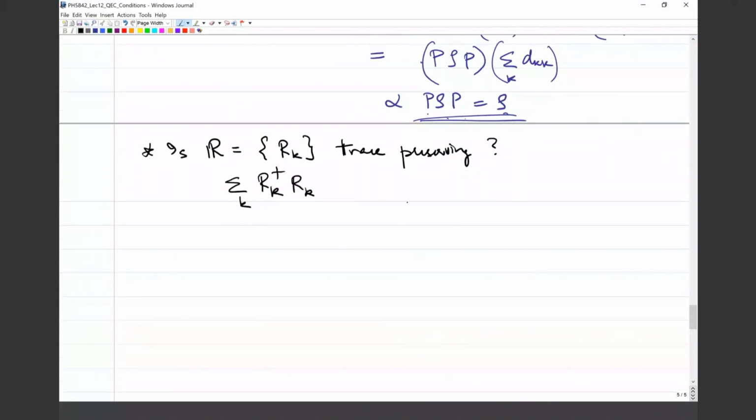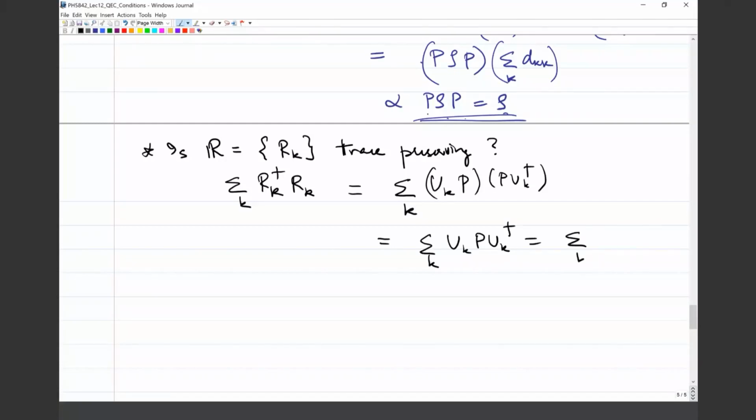So let's rewrite this in terms of RK dagger becomes UK P UK dagger UK P UK dagger. Sorry, so this is UK P times P UK dagger. So what are these? These are a sum of orthogonal projectors. We already saw that, right?